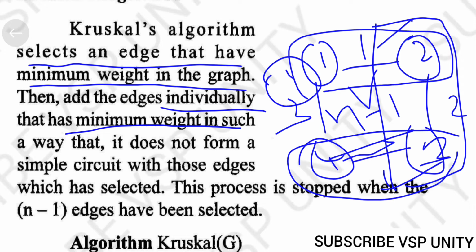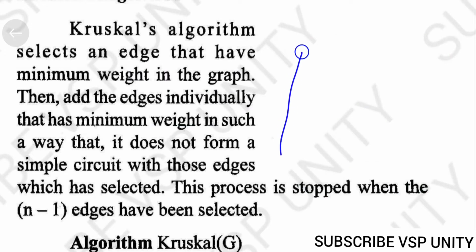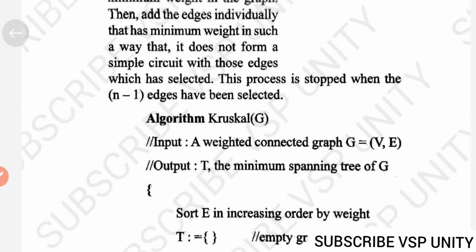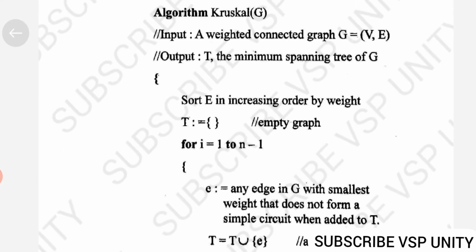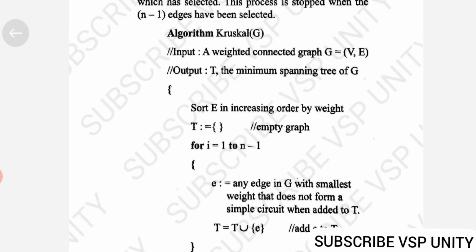Now we will get into the algorithm. See, Kruskal's algorithm. The first step is to select the graph for which we have to create the minimum spanning tree and sort the edges according to their weight.